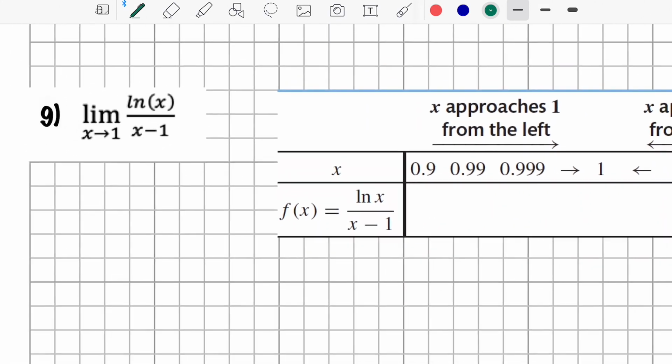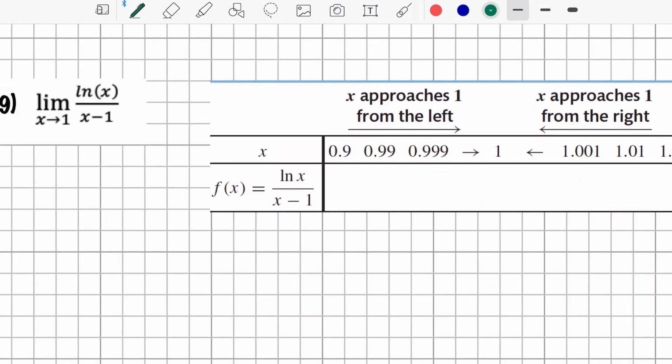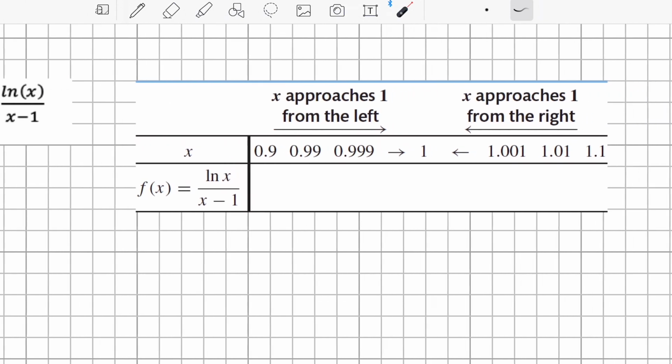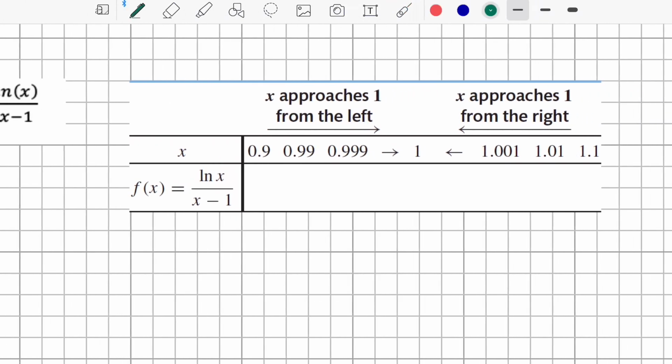Okay, last example. This time we want to find the limit as x approaches 1 of this function right here, natural log of x divided by x minus 1. So we start by plugging in these x values to the calculator. And when we do, we're going to get some kind of long values, so I'm going to rewrite them here somewhere.